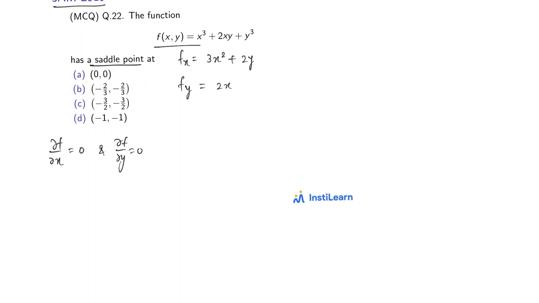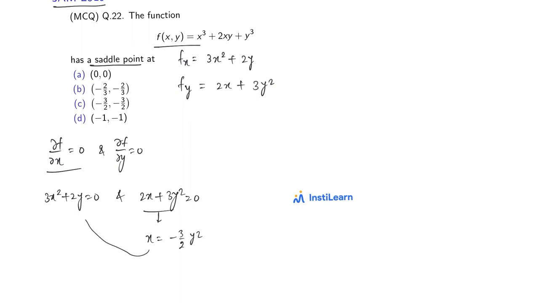It is 2x plus 3y square. So del f by del x equal to 0 means that 3x square plus 2y is equal to 0, and from here we have 2x plus 3y square is equal to 0. From here we have x is equal to minus 3 by 2 y square.